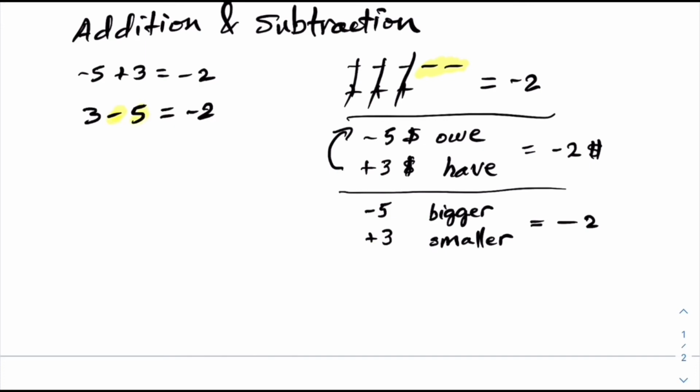So if the sign is in front of 5, then it's negative 5. Since there's no sign in front of the 3, then the 3 is positive. So using these 3 perspectives, you can figure out the answer.